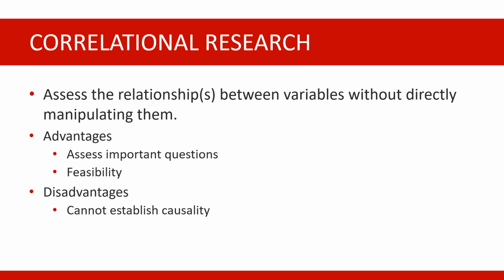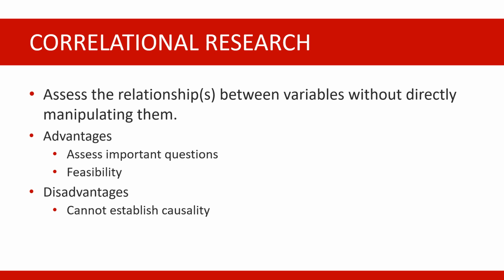If you observe a relationship between variable A and variable B, you don't know, could variable A be causing variable B, or maybe variable B is causing variable A. Another potential explanation is that you might have a third variable problem. So maybe both variable A and variable B are being caused by a different variable, variable C. So when the experimenter isn't directly manipulating these variables, we can't rule out those alternative explanations.